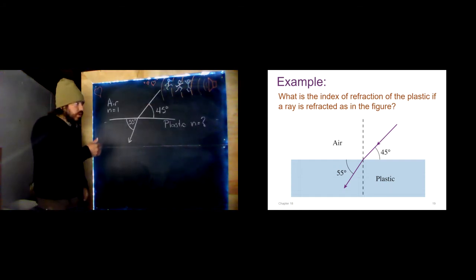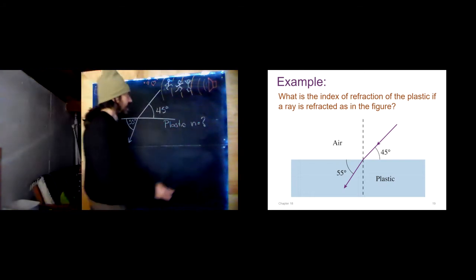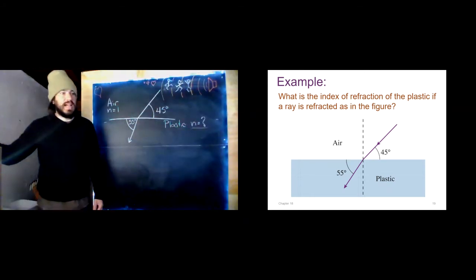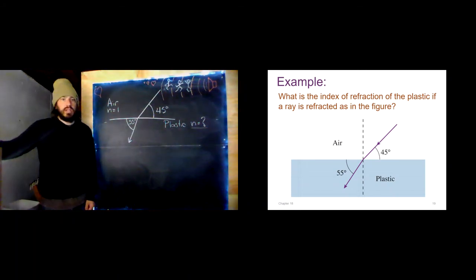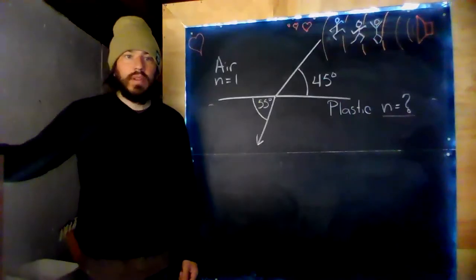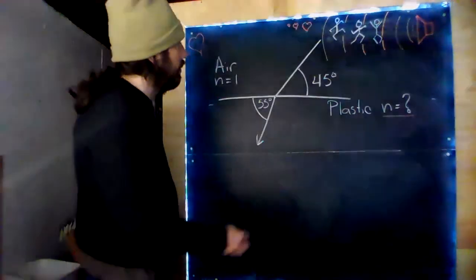Okay, so here's our basic drawing, and again, the problem does ask us to find N in this plastic. So let's proceed with our steps. The first thing we want to do is draw our picture. We did that. Now we should draw our normal line. What does our normal line look like? Well, right here.